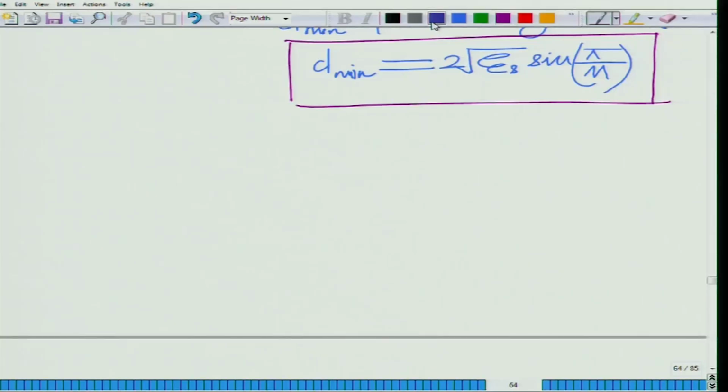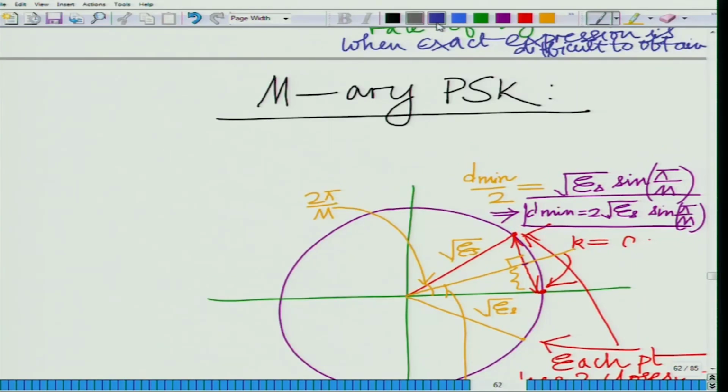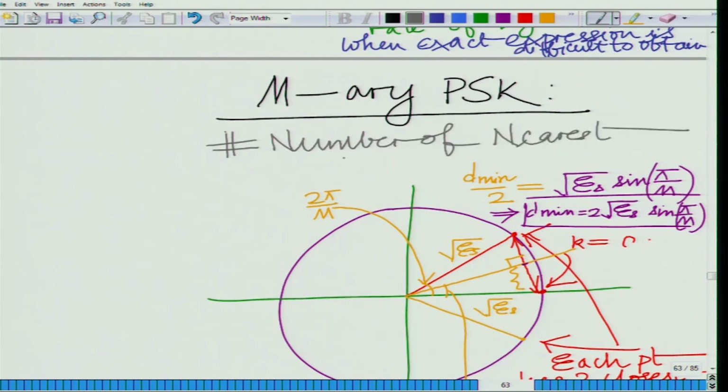And therefore, now it becomes really simple, I do not have to go through an elaborate derivation. In fact, thanks to the result that we have, the number of nearest neighbors alpha equals 2, let us note that.